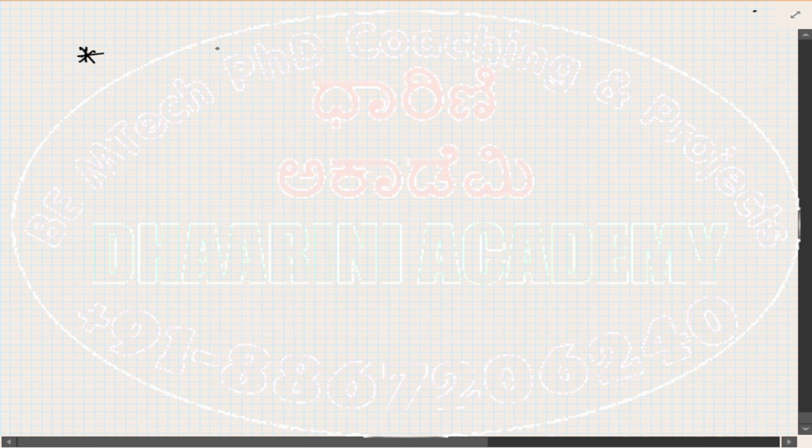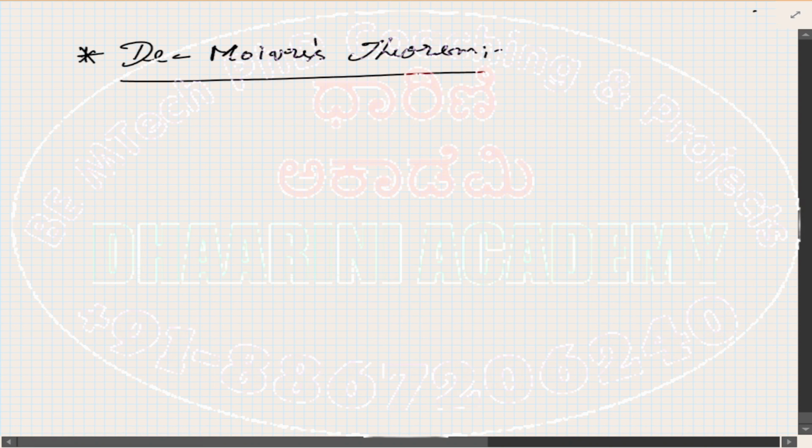This is called de Moivre's theorem. It is associated with complex numbers and their representation.